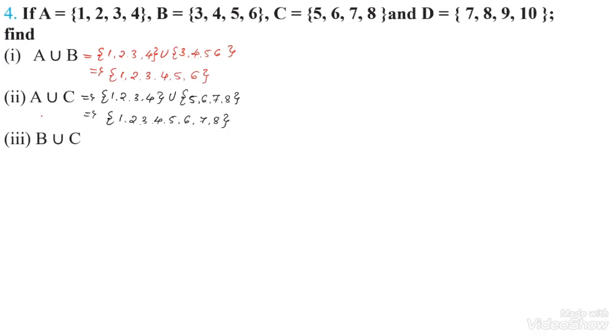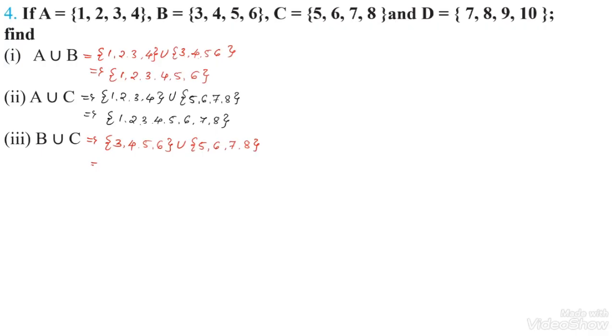Next, third one, B union C. Okay, B union C. What are the elements of set B? 3, 4, 5, 6 and union of the elements which are present in set C, which is 5, 6, 7, 8.